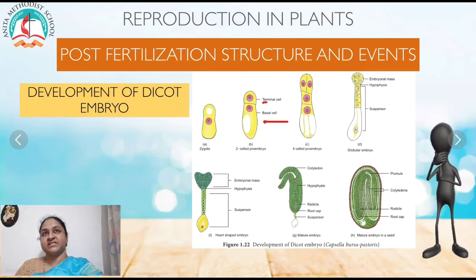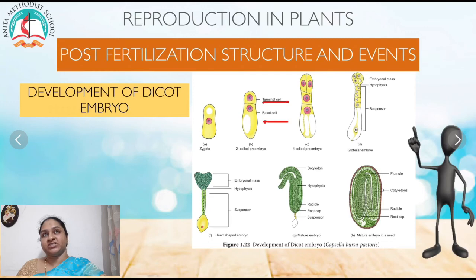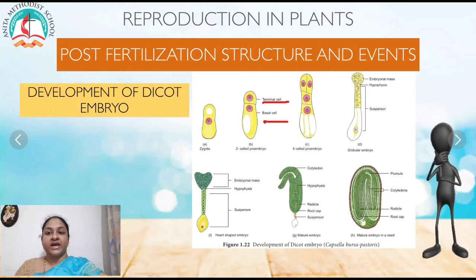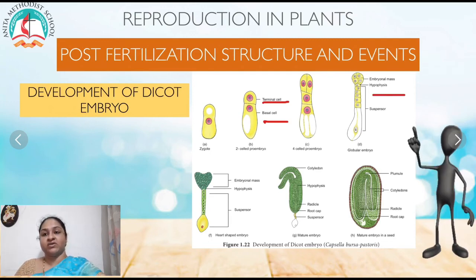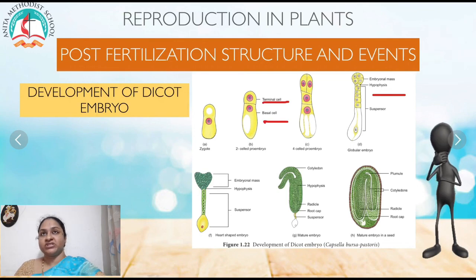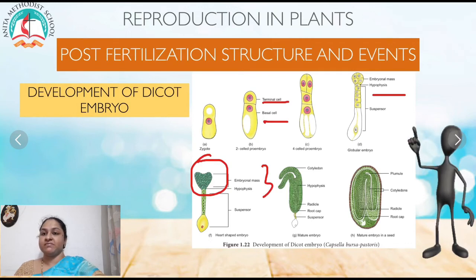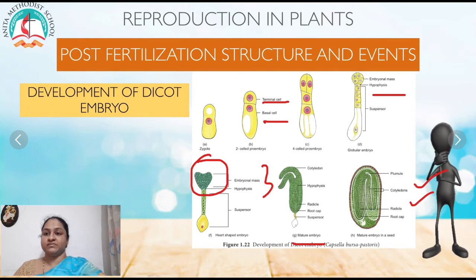Further divisions in the zygote lead to the formation of the embryo. The embryo undergoes globular and heart-shaped stages, as you see in the picture, before reaching a mature stage. The mature embryo has a radicle, two cotyledons and a plumule.